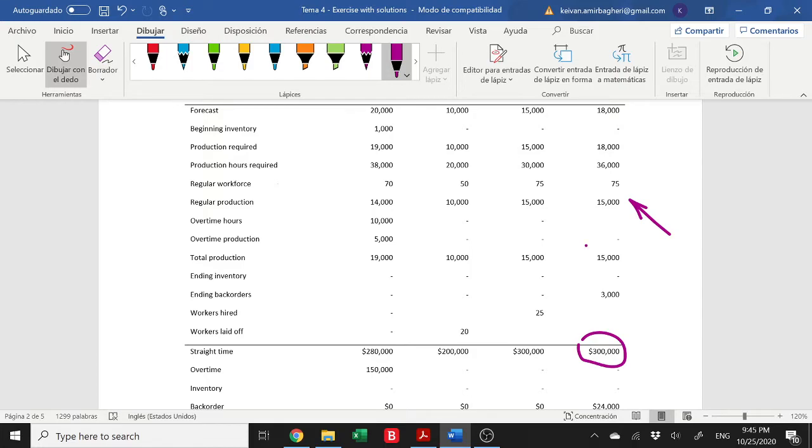Again, I repeat that the production time is for 30,000 units. But you remember, we calculated that there are 3,000 units of the product that cannot be answered by the production. For this reason, we know them as the back order.